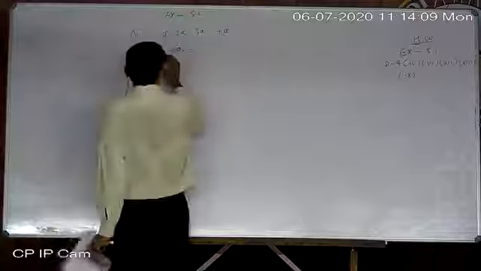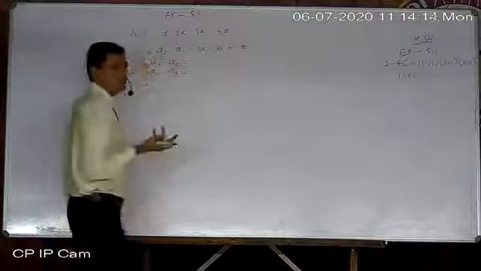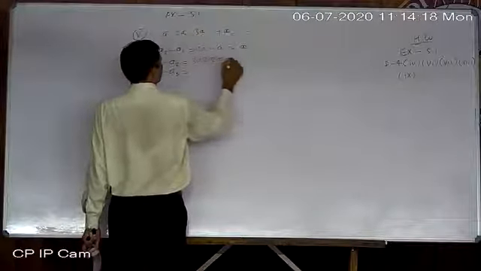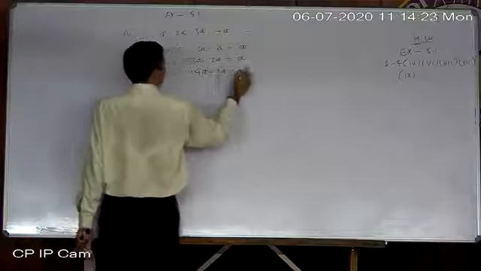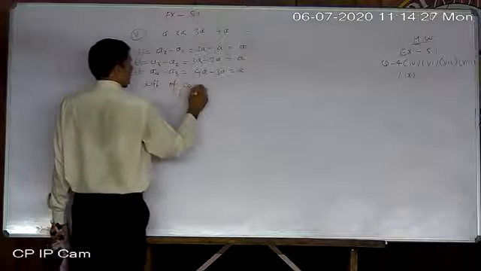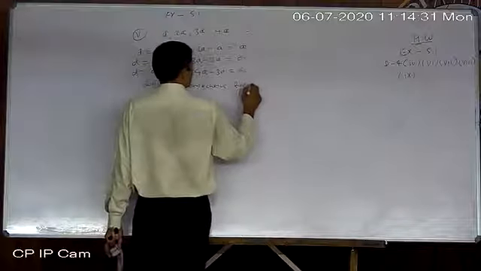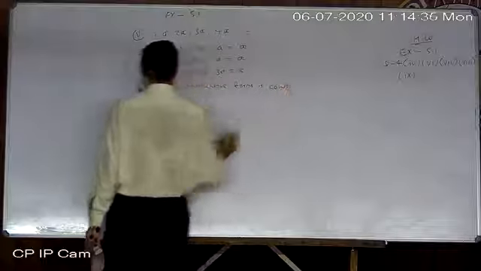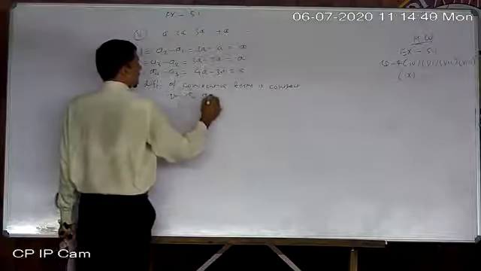So A2 minus A1, 2A minus A, is A. Now third minus second, 3A minus 2A, is A. 4A minus 3A, A. The difference of 2 consecutive terms is constant. Constant means remains equal. Therefore, it is an AP.